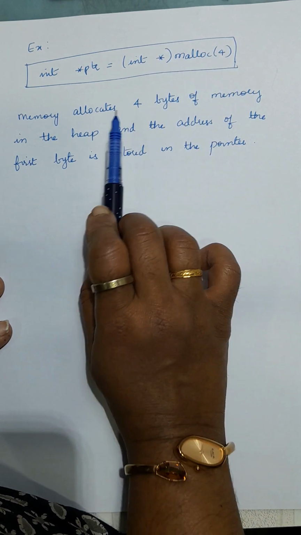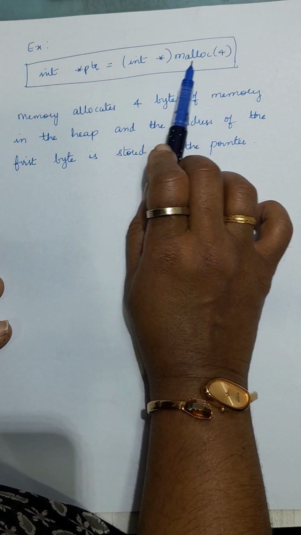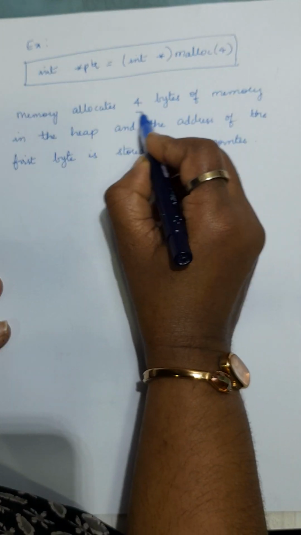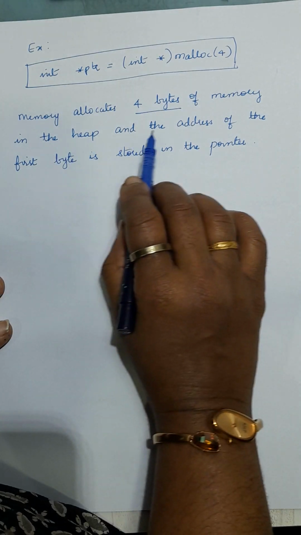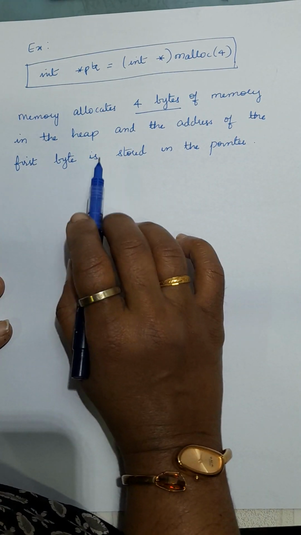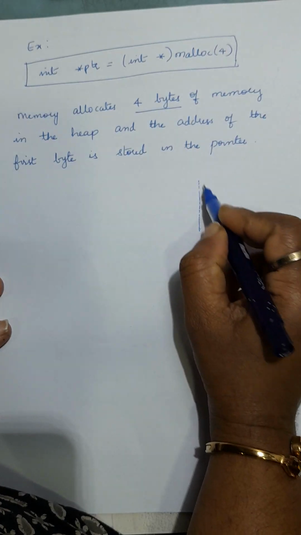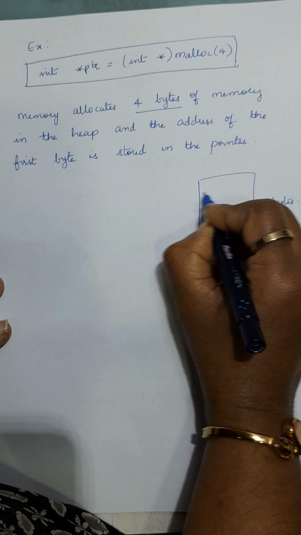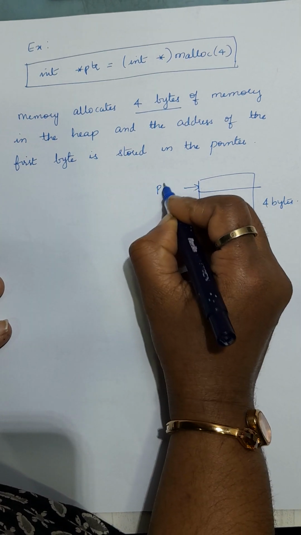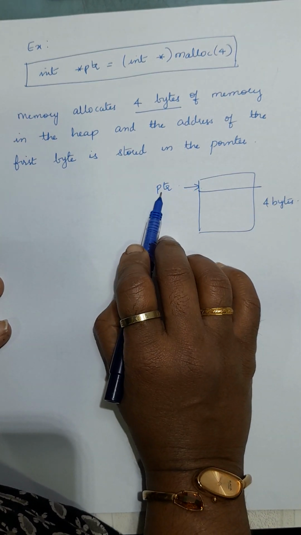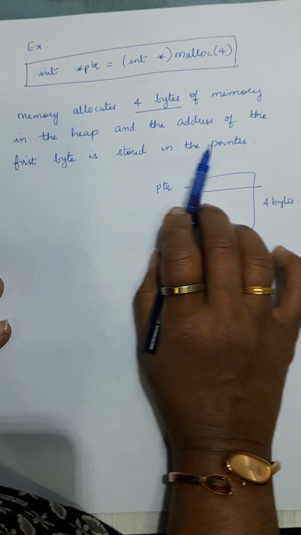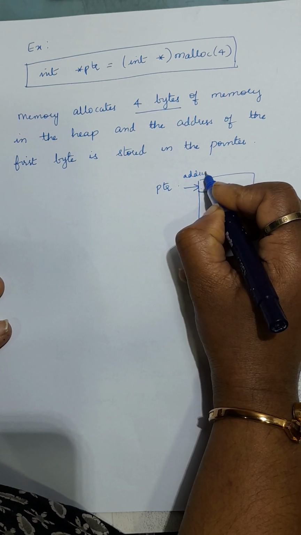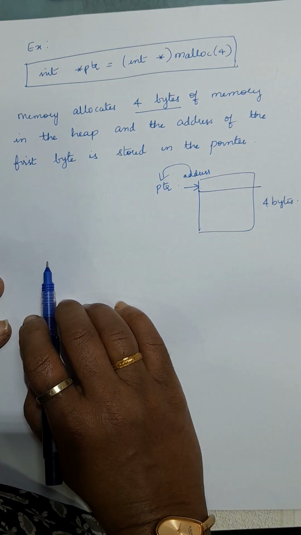So we need 4 bytes of memory. malloc will allocate 4 bytes of memory in the heap, and the address of the first byte after allocation will be stored in the pointer variable ptr. So the address is stored in the pointer variable.